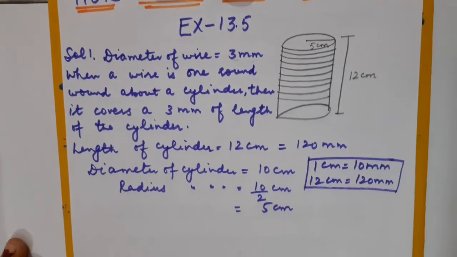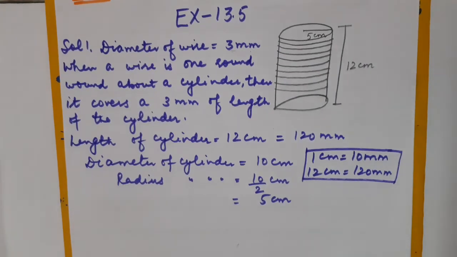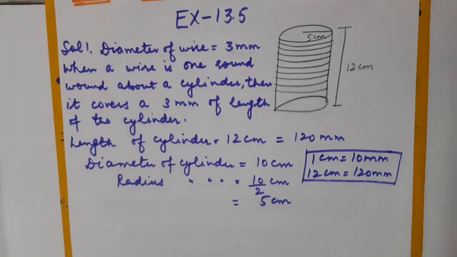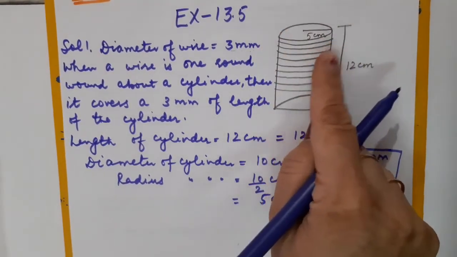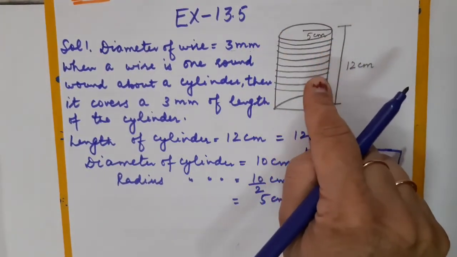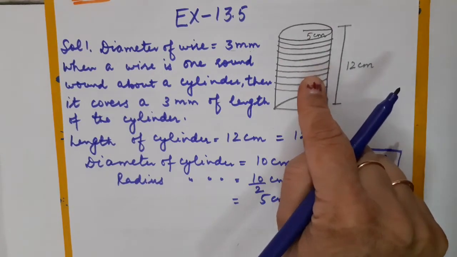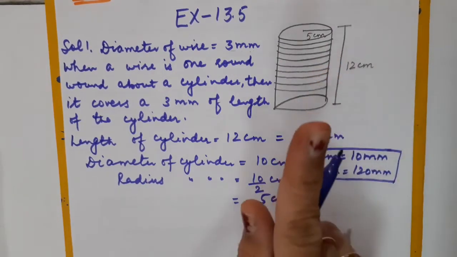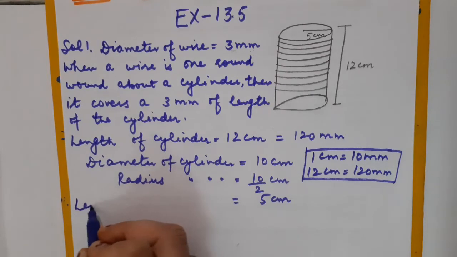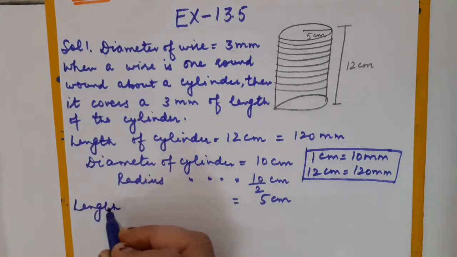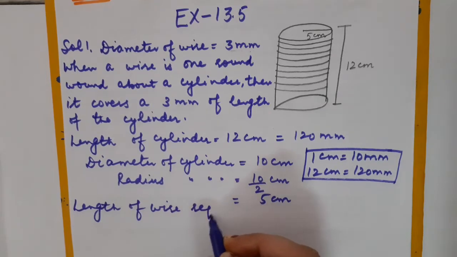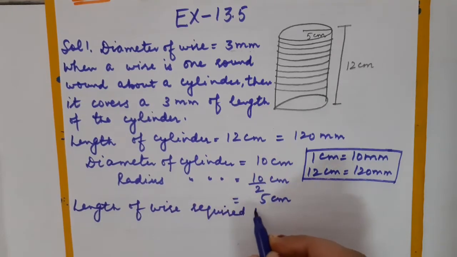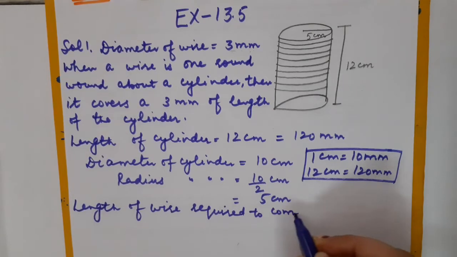Clear? Now, first of all, what we are supposed to do: when the wire is going to take one complete round around the curved surface area of the cylinder, we are going to calculate the length of the wire while taking one round. Okay. So let us calculate that. Length of wire required to complete one round.